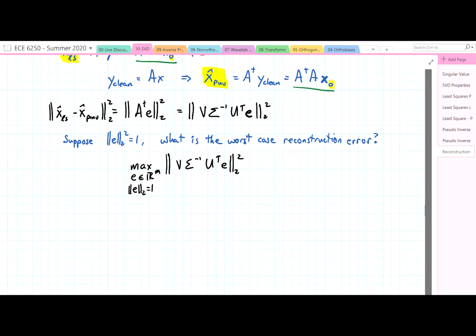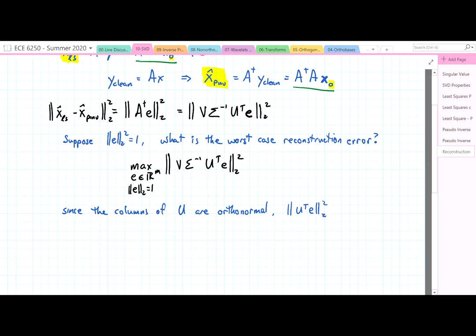Well, we know that the columns of U are orthonormal, and therefore we know this.